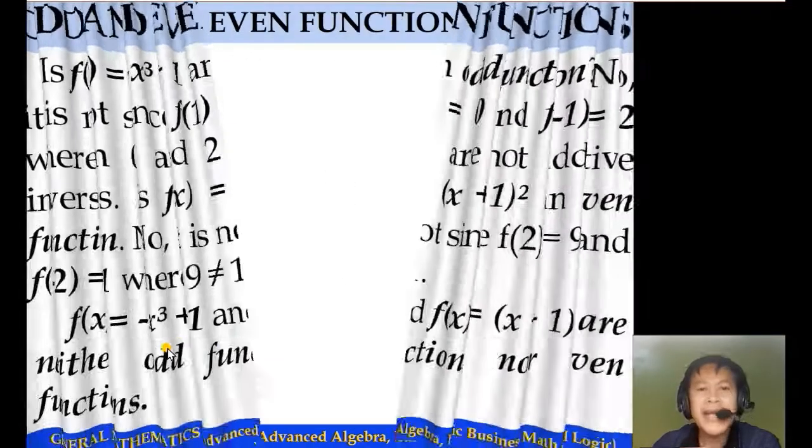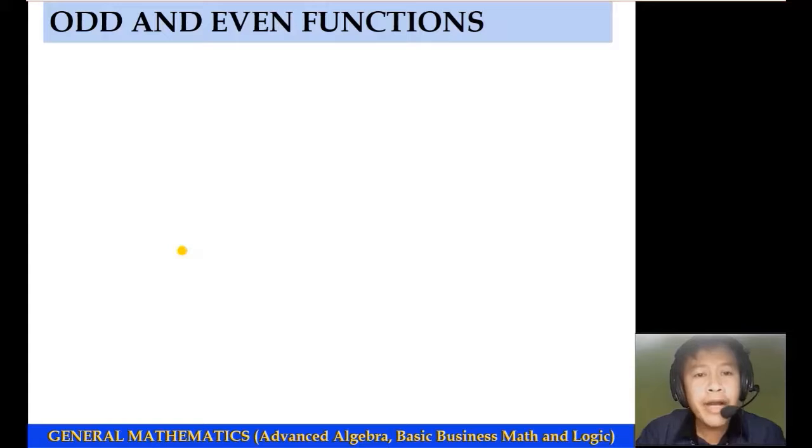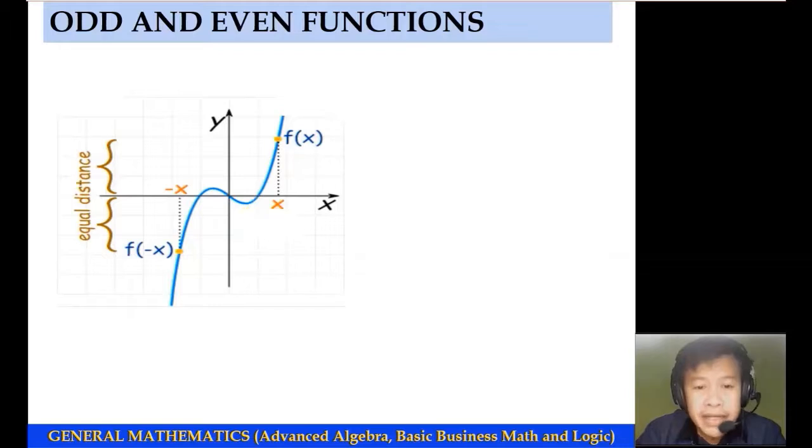Now, this time, we are going to deeply understand the meaning of odd and even functions using their corresponding graphs. Consider this first figure in which this curve is symmetric with respect to the origin, and this point with coordinates x and f of x is symmetric with this point with coordinates negative x and f of negative x.